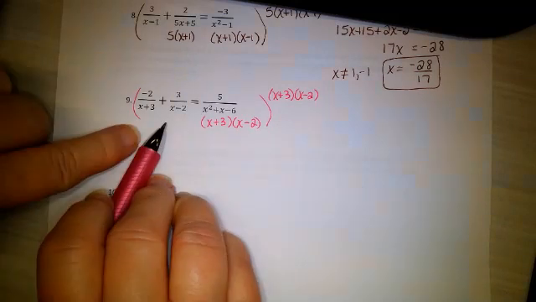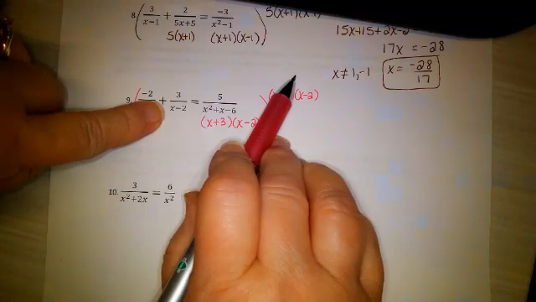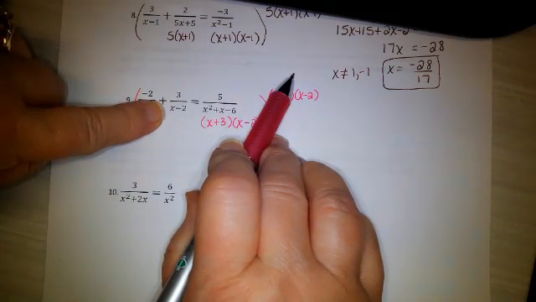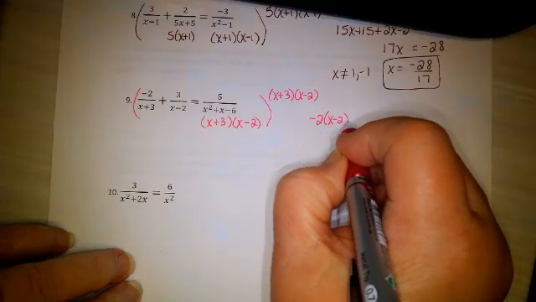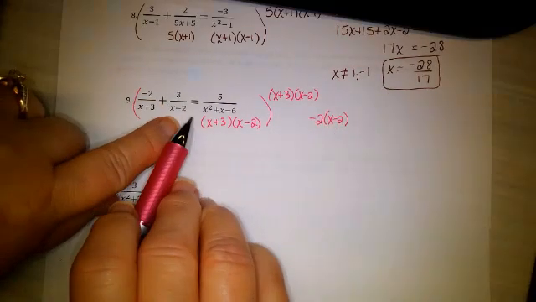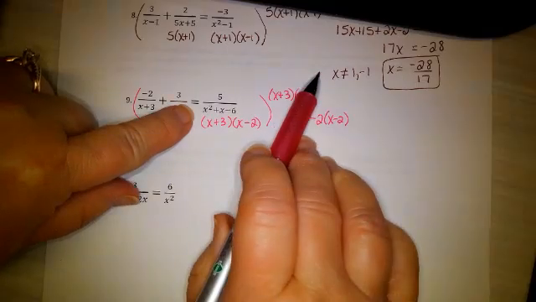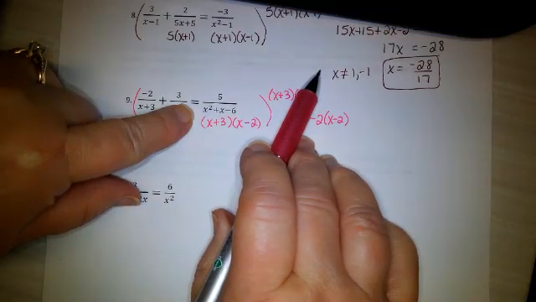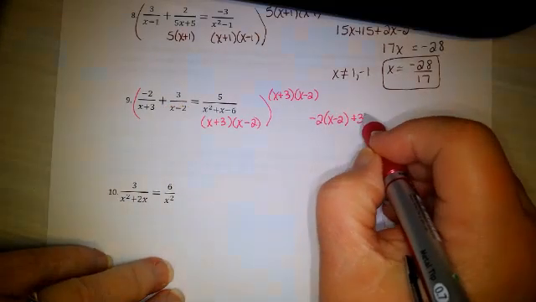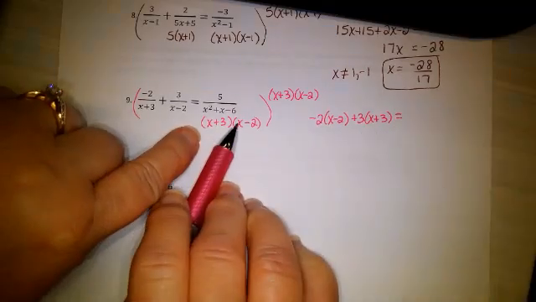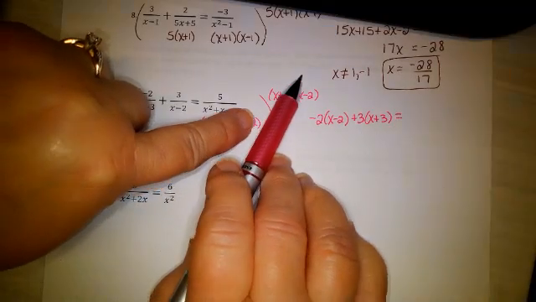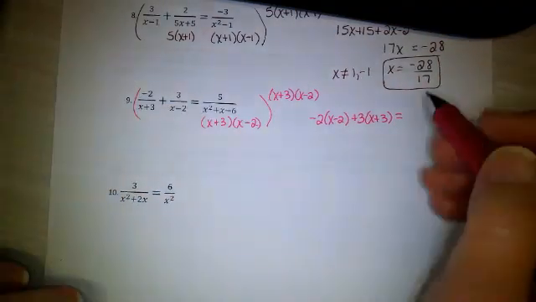So the first fraction, this x plus 3 and this x plus 3 leaves me negative 2 times x minus 2. My second fraction, x minus 2 divides x minus 2 and leaves me with 3 times x plus 3. And my last fraction, all of this divides out all of that and leaves me 5.